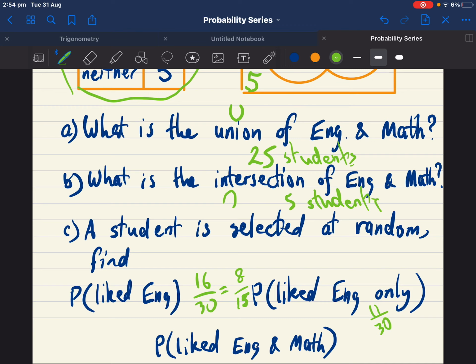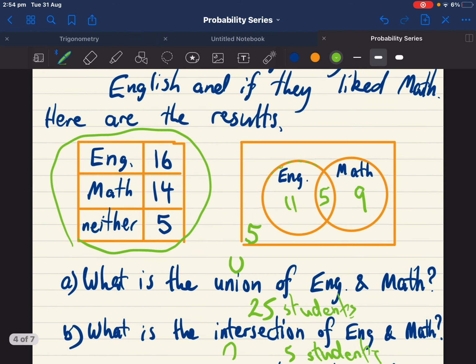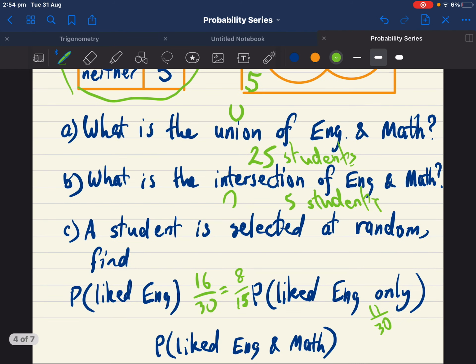And the final question I could fit on the page is an intersection question. This is the overlap. We want to find the probability that this random person liked both English and math. So this question's asking us for only the overlap, which happened to be 5 students out of a total of 30. That was the number right in the middle.